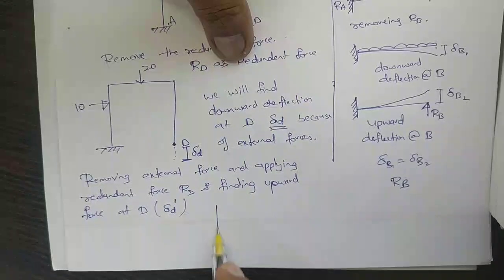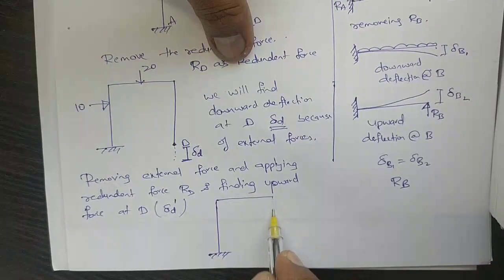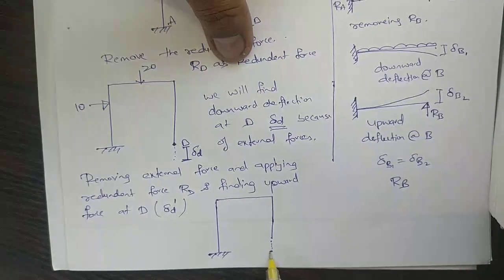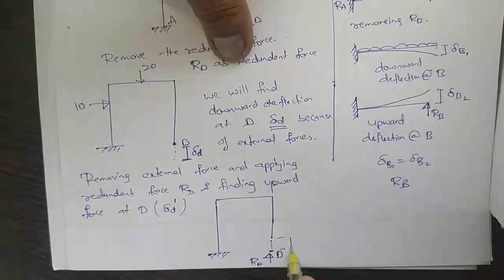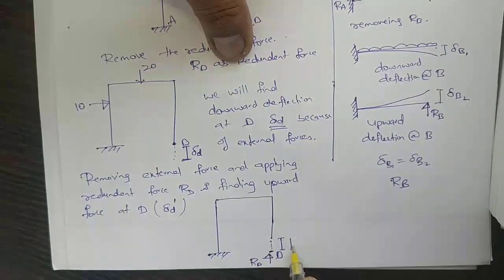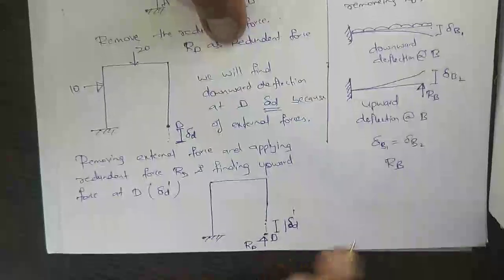That is what we do. In this frame, at D we are applying RD. Because of RD, what is the upward deflection? Delta D dash.